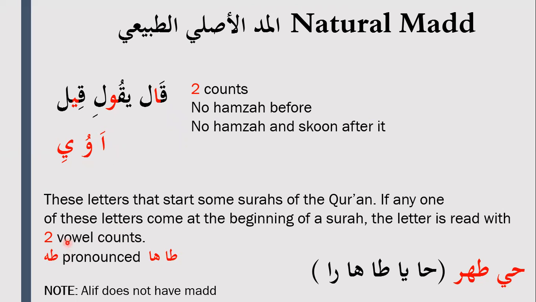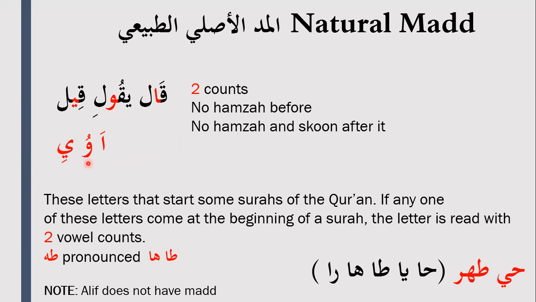But when it begins the surah and these letters stand alone, they have no marking on them. Again, like we said in the last video, when the mother letters stand alone, they are elongated when they have no marking on them. Same with Ta and Ha. If you go through the Quran and look at the beginnings of the surahs that have certain letters which start off the surah, like Ta, Ha, Yasin, Alif, Lam, Mim, you will notice that it doesn't have a vowel on it like Fatha, Dhamma, Kasra.